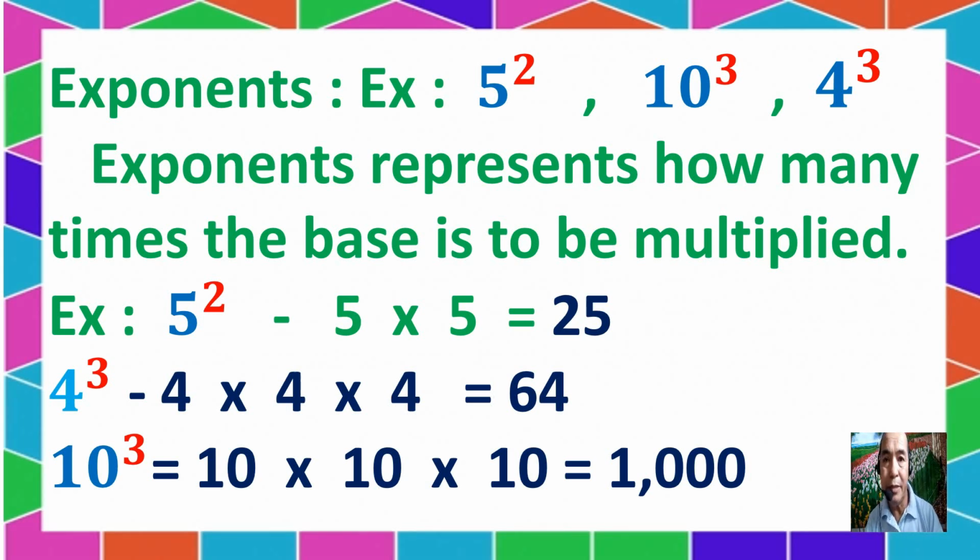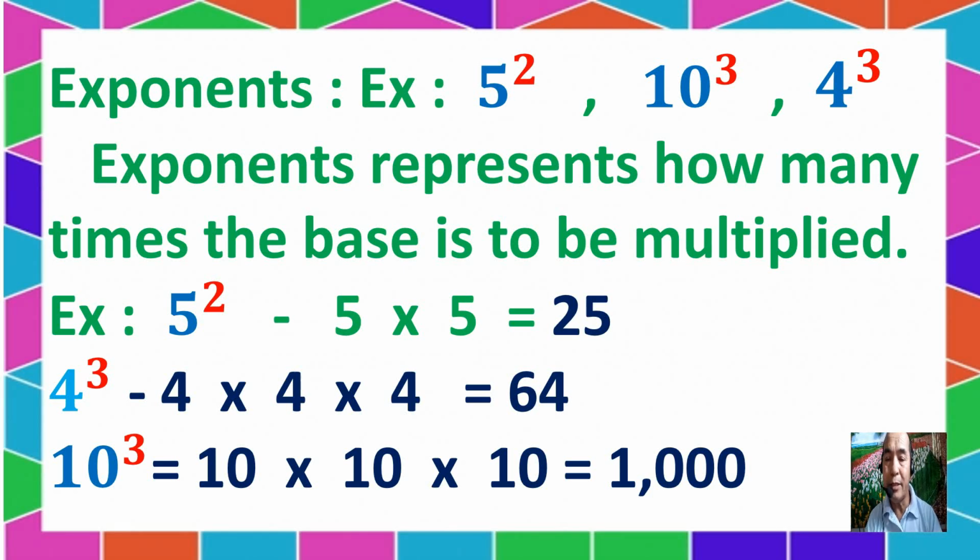Now, what does this exponent represent? The exponent represents how many times the base is to be multiplied. So, if we have 5 to the power of 2, or 5 to the exponent of 2, this means that we are going to multiply 5 two times because of the exponent 2. If we multiply 5 times 5, the value will become 25.